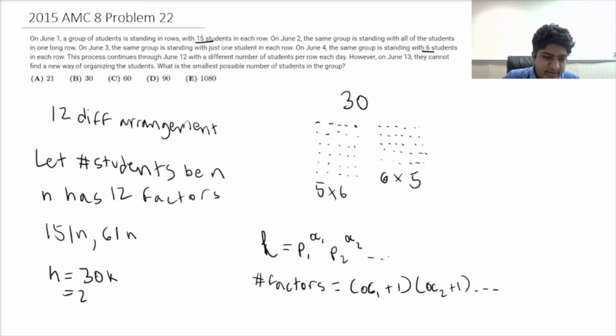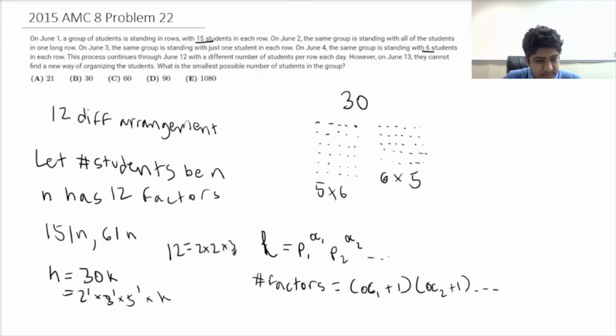So we know 30 is equal to 2 to the 1 multiplied by 3 to the 1 multiplied by 5 to the 1, multiplied by k. And we want the number of factors of this to equal 12. And we know 12 is equal to 2 times 2 times 3.